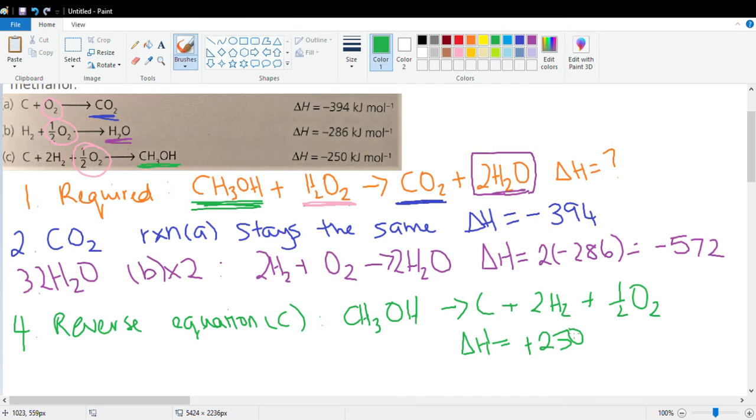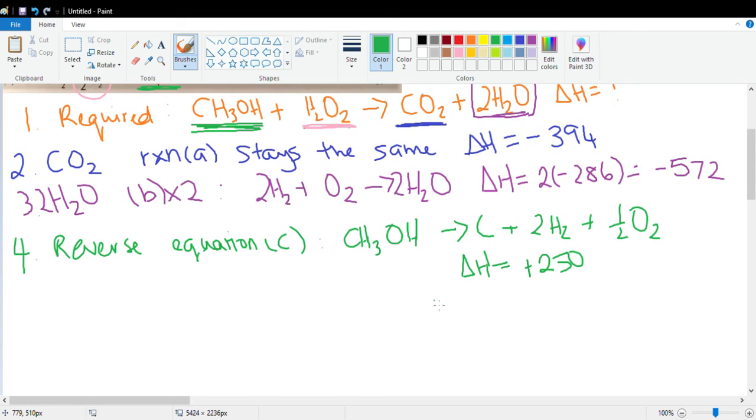So they are our 3 equations that we're going to use. Reaction A has stayed the same to give us 1 carbon dioxide on the right. Reaction B, we have doubled to give us 2 waters on the right. And reaction C, we have reversed to give us our methanol on the left. So now we need to put them all together to get our final reaction. From reaction A, we've got carbon plus oxygen.